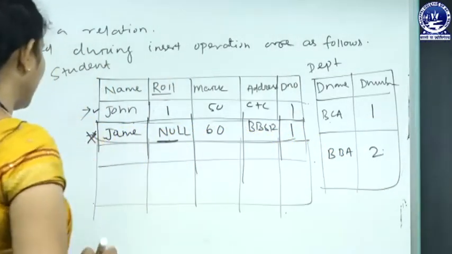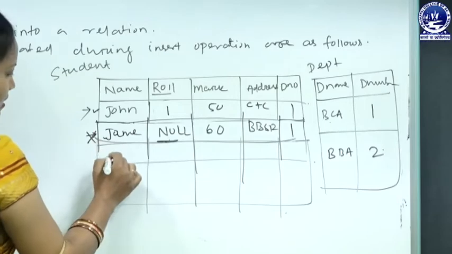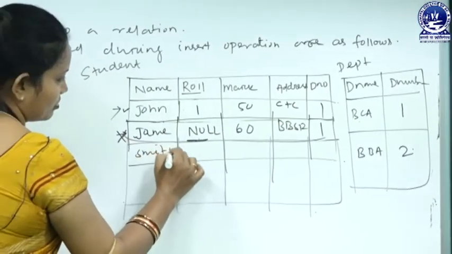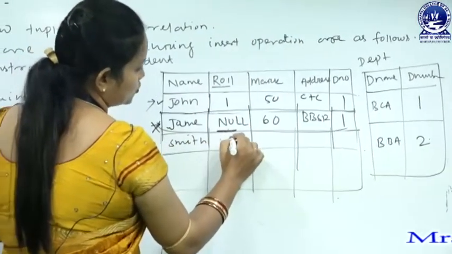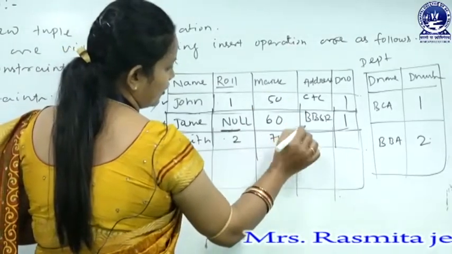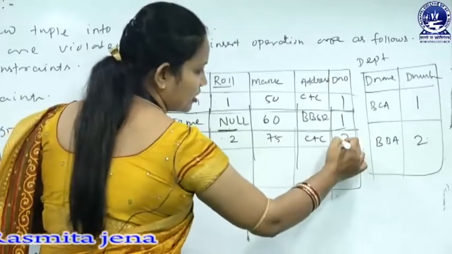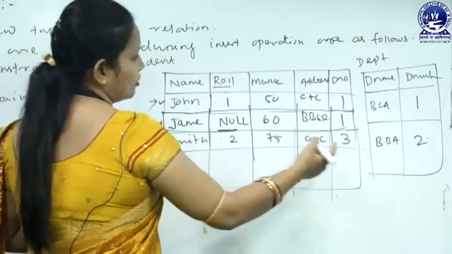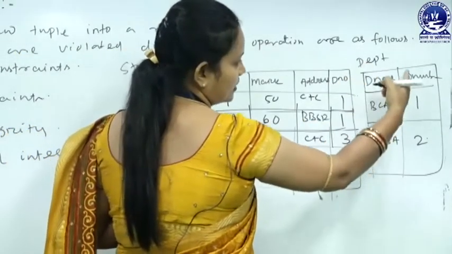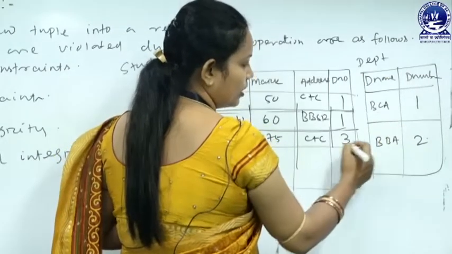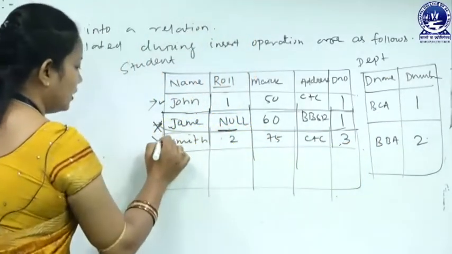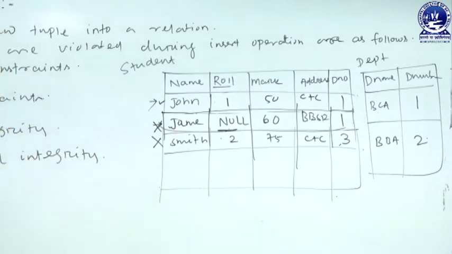Suppose I am putting another tuple in the student relation having name Smith, roll is 2, mark is 75, address is CTC and the department number is 3. But here you can see in the department table there is no department having department number 3. So, this will violate the referential integrity constraint.